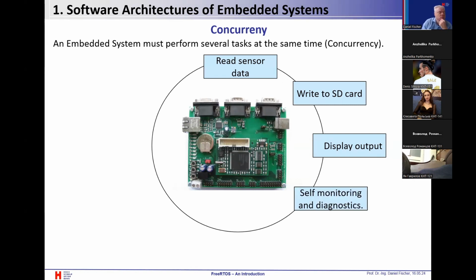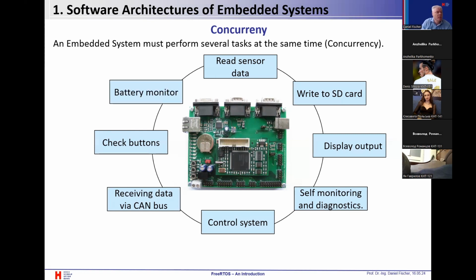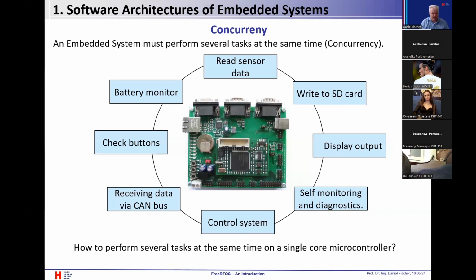Maybe you need self-monitoring and diagnostics. Maybe you implement a control system on it. You can receive data via CAN bus. You maybe always have to read the buttons, if there are buttons, and so on. And maybe you also want to check whether the battery is full or not. And these things have to be done at the same time.